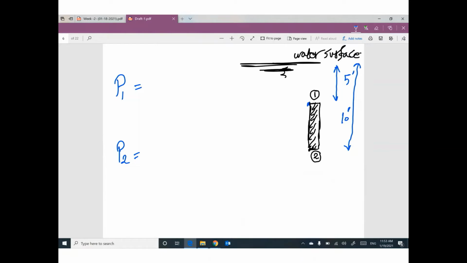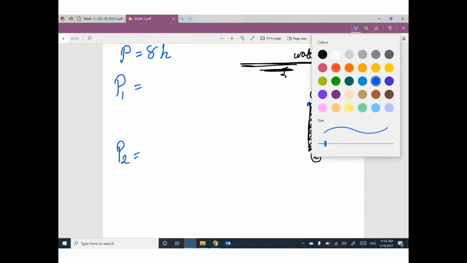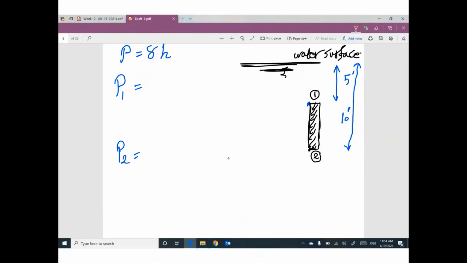Okay, we know pressure equals gamma H. Because your units are US units, gamma equals 62.4. What is the vertical distance between point number 1 and the water surface?